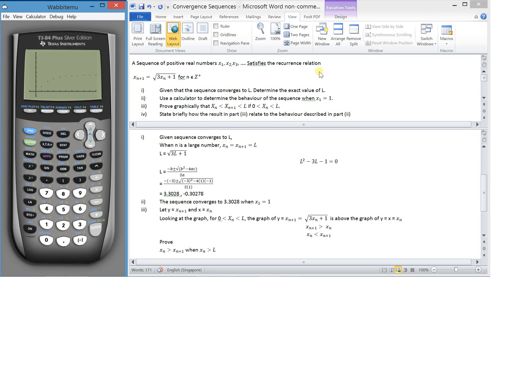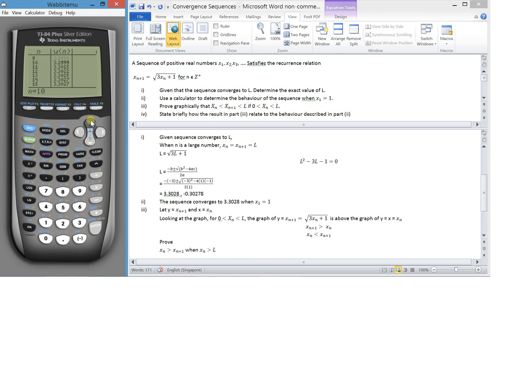Going back to the formula here, the first term that we choose is this term. We choose it to be 1. You see the table take this value, and it eventually converges to 3.3028. It starts with 1, and then the second number is 2.6458.